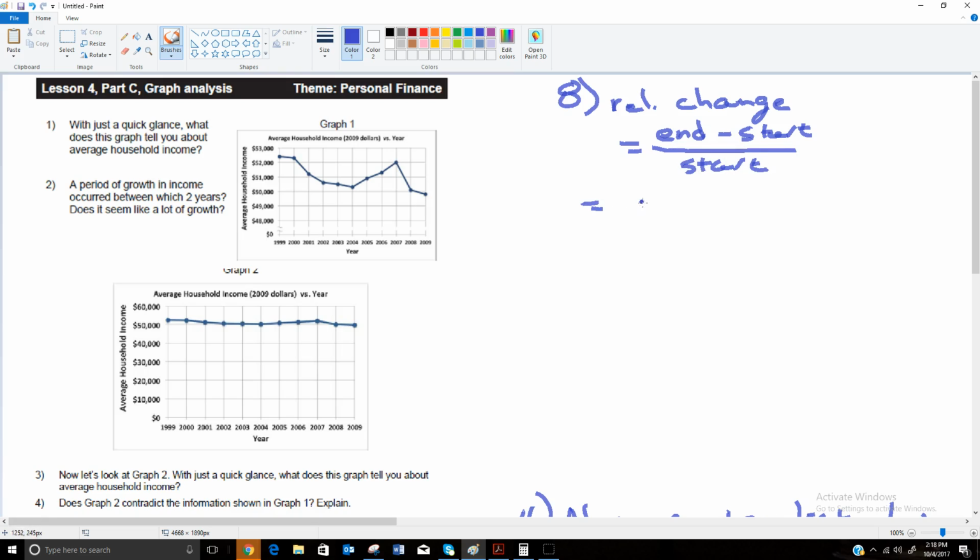And so in this case, the end appears for these 2 years like it stopped at about 50,000. Looks like it's right on that mark to me. So 50,000. And where did it start? It started at 52,000. That's that same value we had before. Where did it start?